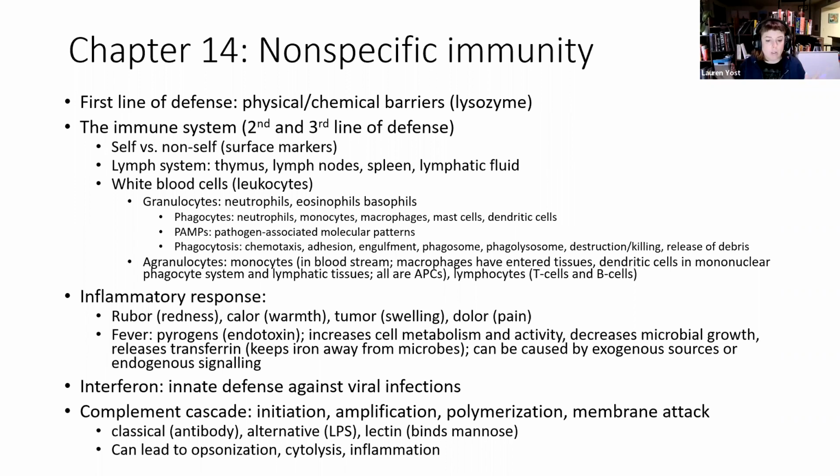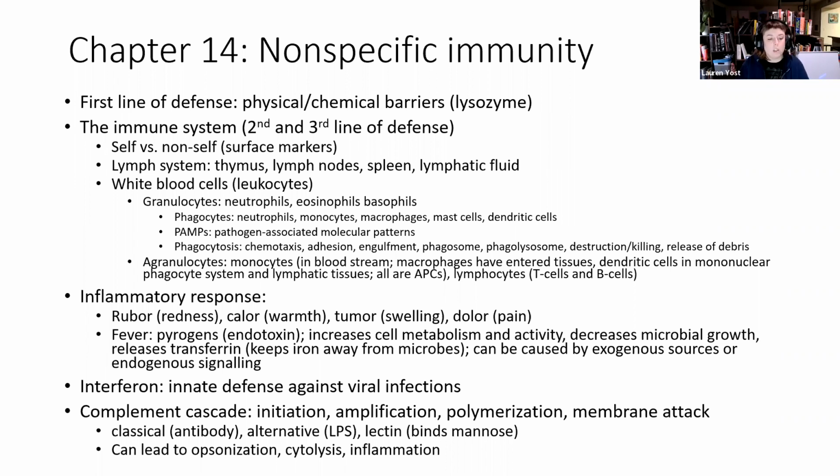But anyways, in the complement cascade, the steps are initiation, amplification, polymerization, membrane attack. That's basically how those proteins in the whole cascade are going to be broken apart and work together in order to eventually poke those holes into the membranes for cytolysis, right? Cyto being cell and lysis being breaking apart.